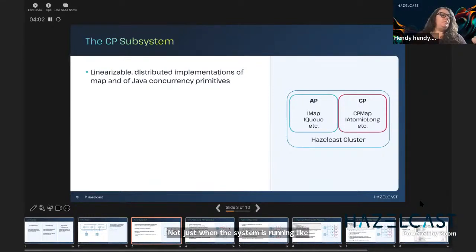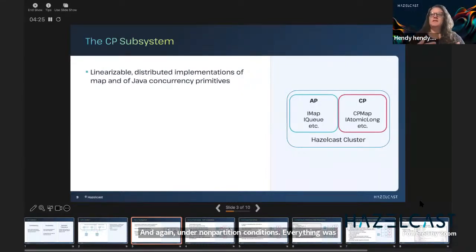So, for those of you who are familiar with the Jepsen test, that is the authoritative test for consistency. We've always had the Java concurrency primitives, and under non-partition conditions, everything was fine. Our system was designed properly.